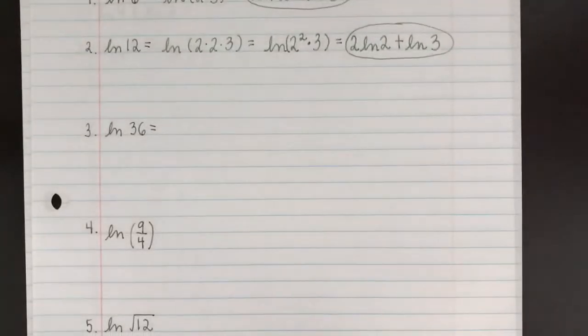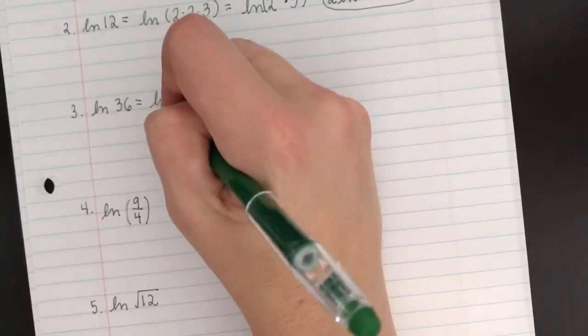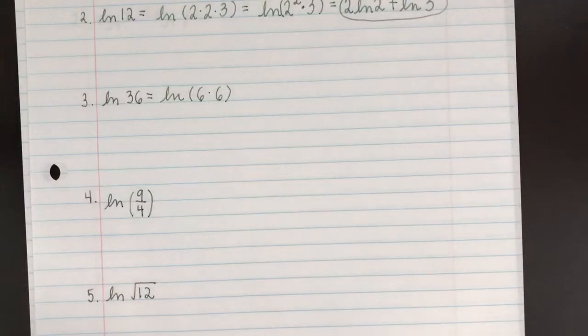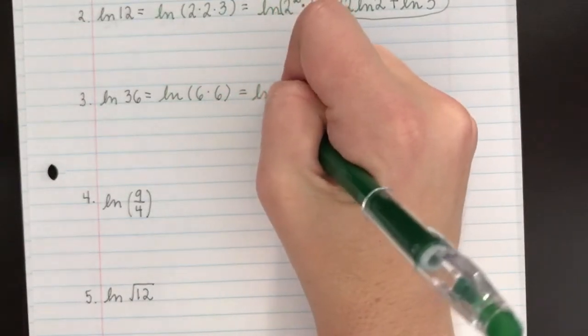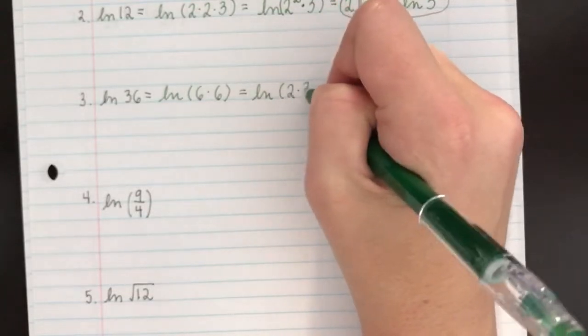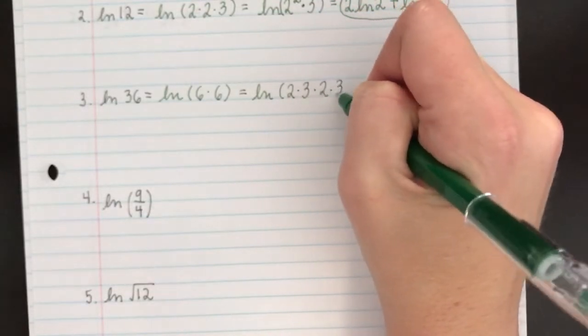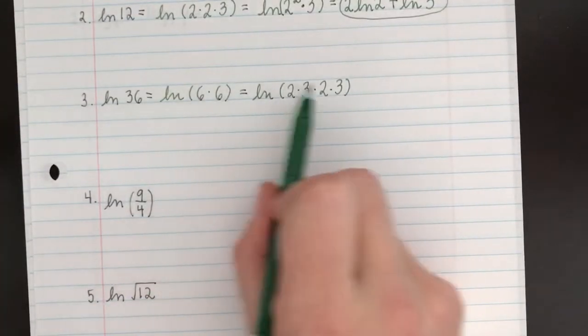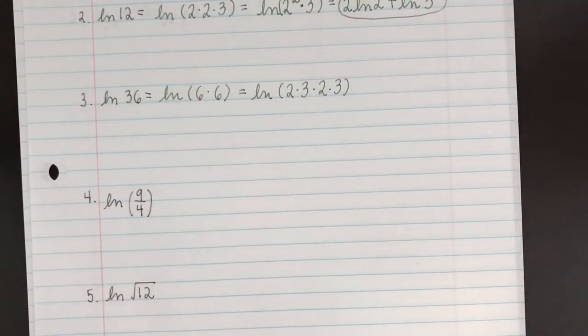All right, look at ln of 36. So natural log of 36 can be rewritten as natural log of 6 times 6, right? 6 times 6 is 36. And then you could even say natural log of 2 times 3 times 2 times 3, because 2 times 3 is 6, and then the other 2 times 3 is 6.